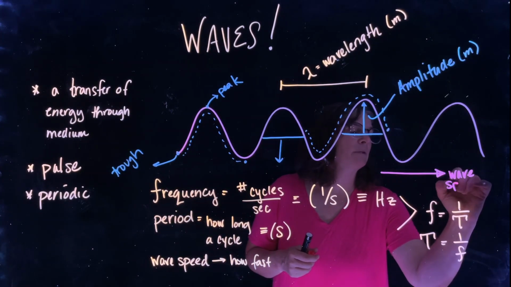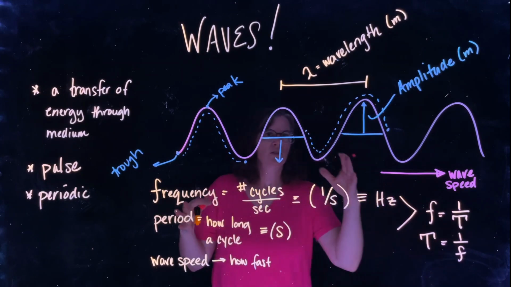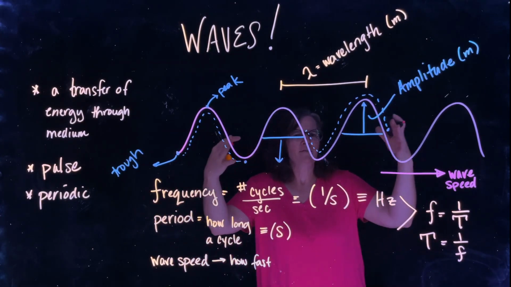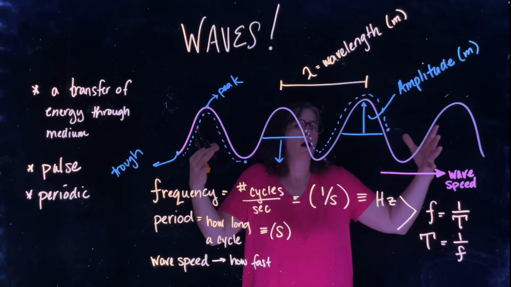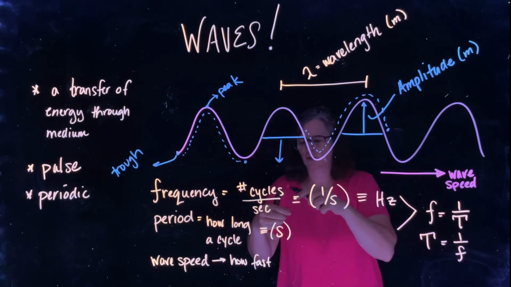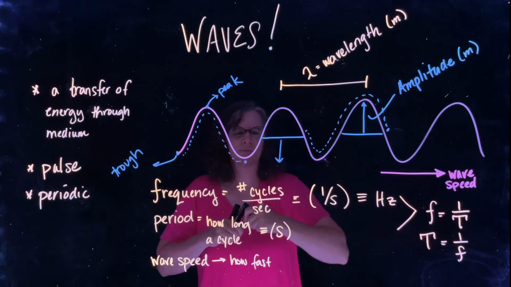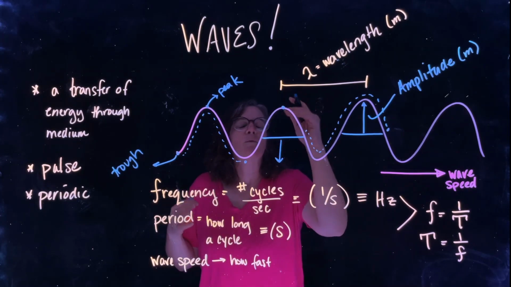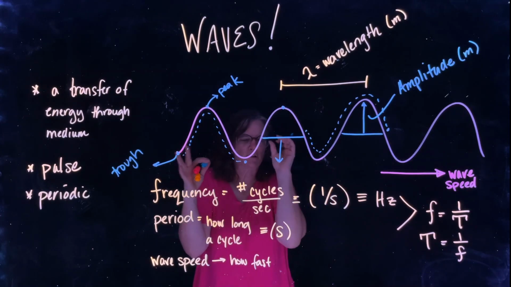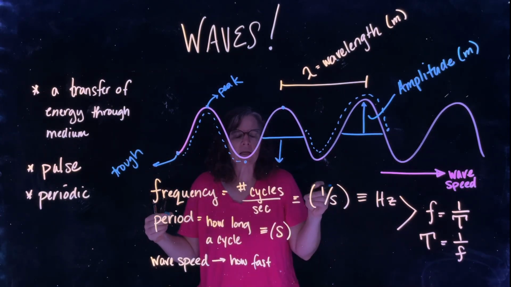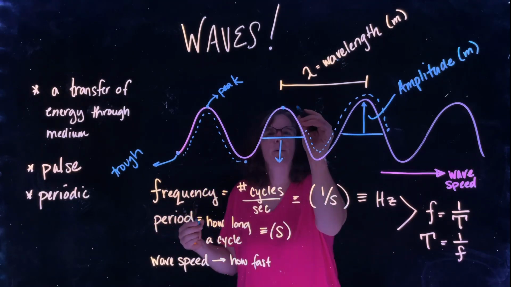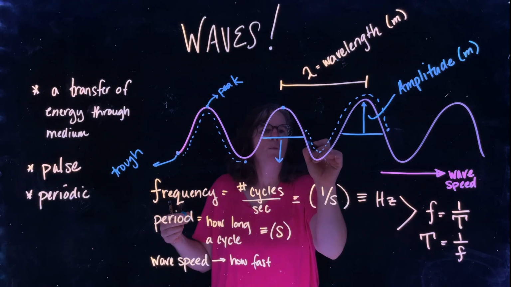So how might that be related to some of these other things I have here? Well, the wavelength is how far the wave travels. So if I imagine I have a particle, and we're going to visualize this because a wave, remember, is a disturbance of the medium. So this particle isn't actually moving. But let's for a minute imagine that this particle was moving with the wave.